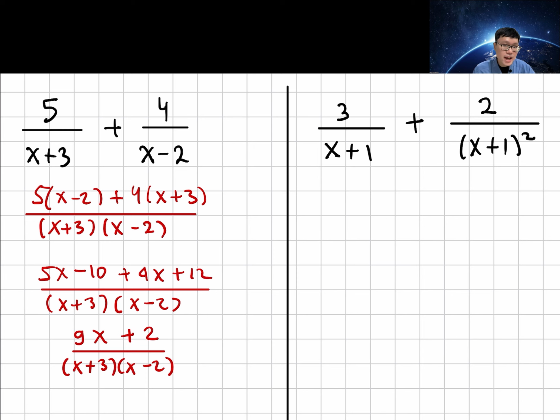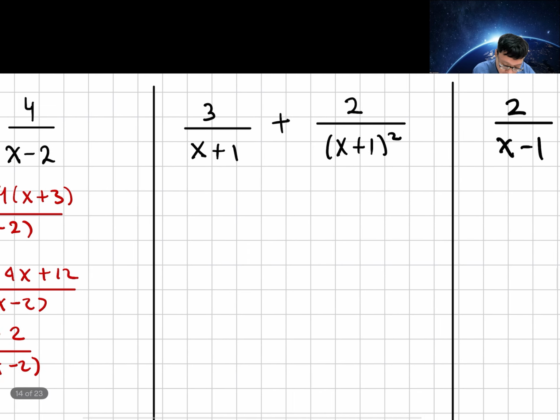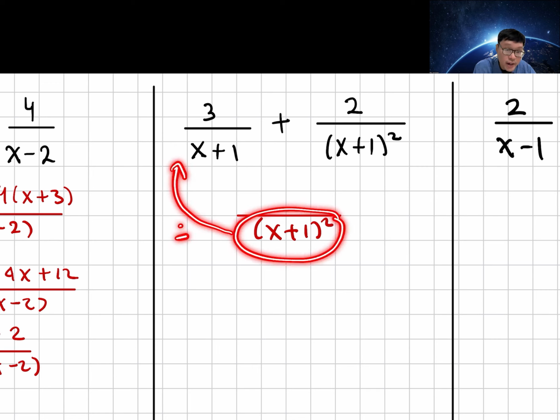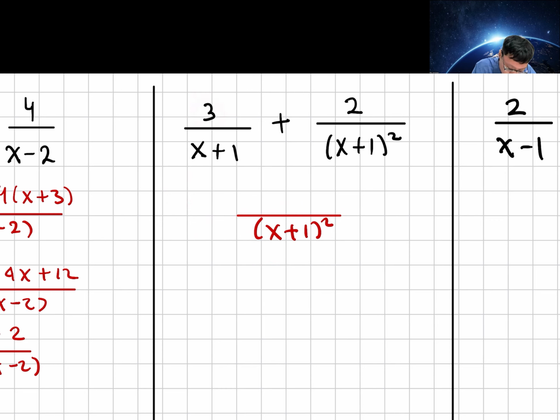Let's take a look at the second example here. We have the same denominator, but for this one, we have a square. So instead of multiplying them, we can just use x plus 1 squared instead, because we can divide x plus 1 squared by x plus 1, you get x plus 1, and then times 3, you get 3 times x plus 1.